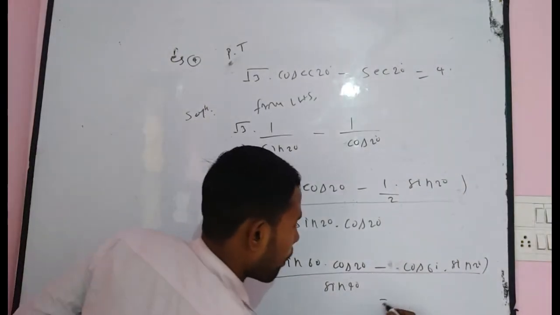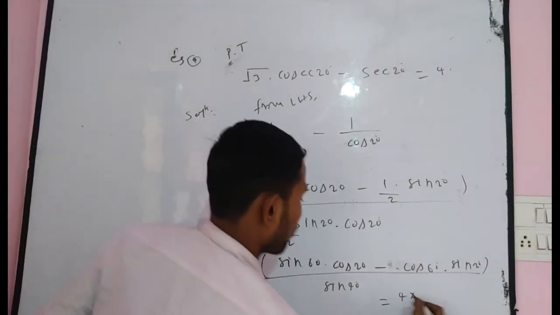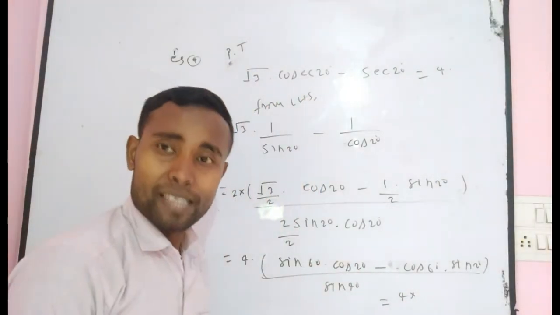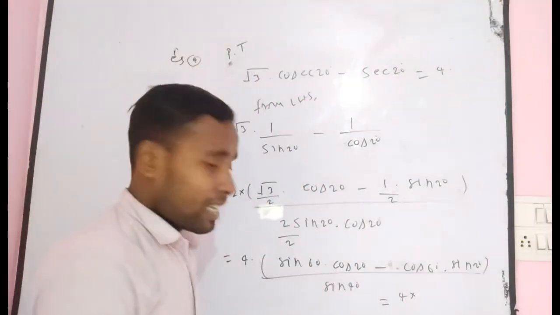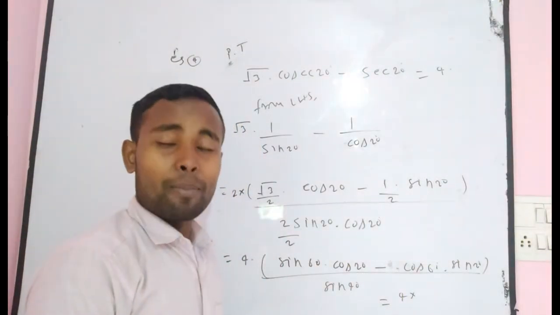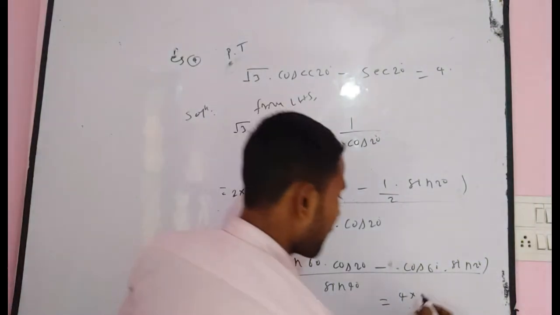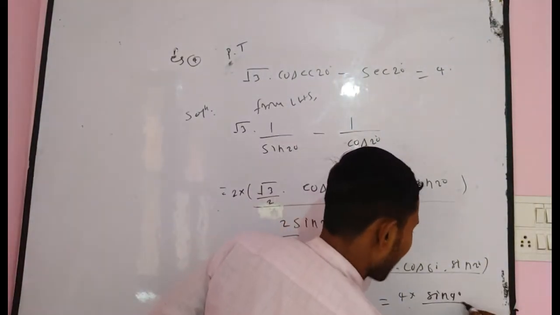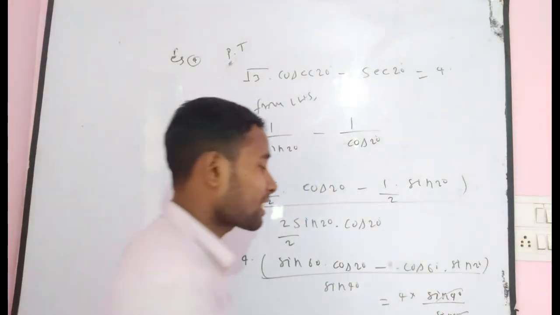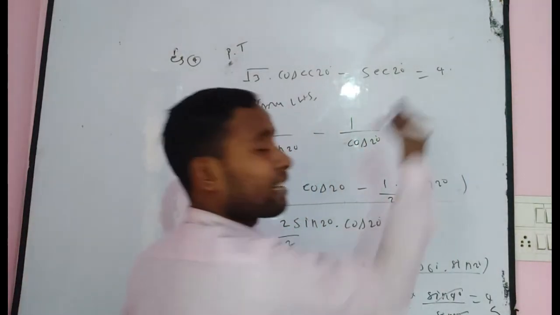Now there is a simple observation. It becomes 4 into sin A cos B minus cos A sin B, which will be what? Sin of A minus B. A is equal to 60 and B is equal to 20. So can you write 60 minus 20? That means sin 40. So simply, sin 40 divided by, in the denominator also, sin 40. Sin 40 will cancel each other. Finally you get 4, which is your required RHS.